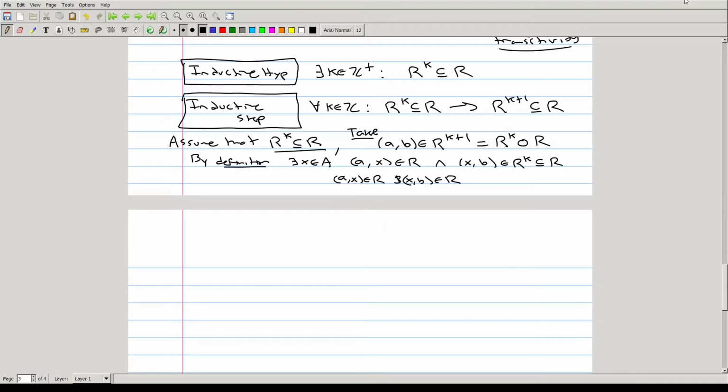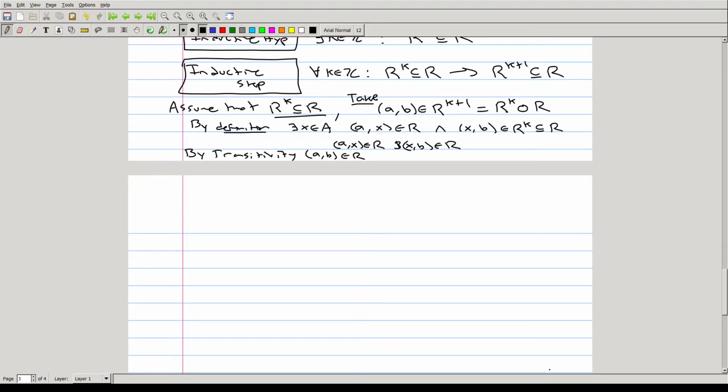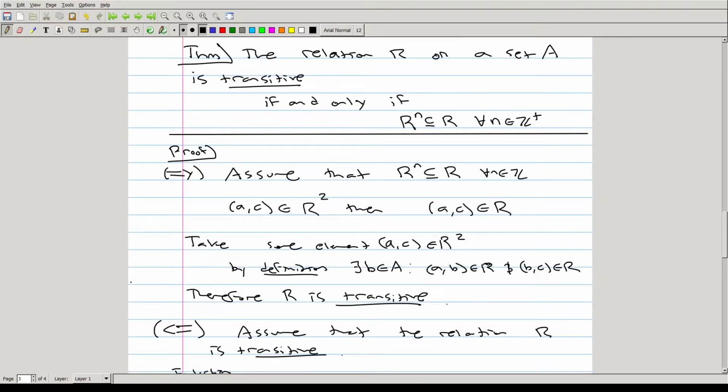And lastly, by the assumption of transitivity, we have that (a, b) must be an element of R. And therefore, R to the k plus 1 is a subset of R. Which finishes the proof here, because we've gone both ways.